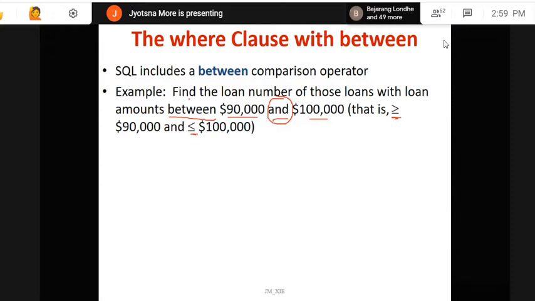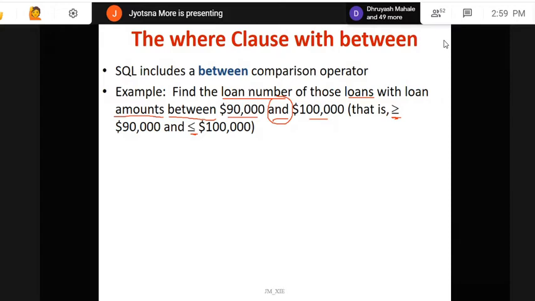So my question is: find the loan number of those loans with loan amount between $90,000 and $1 lakh. Here I want to find the loan number of those loans from the loan relation with a condition on loan amount, between these values.